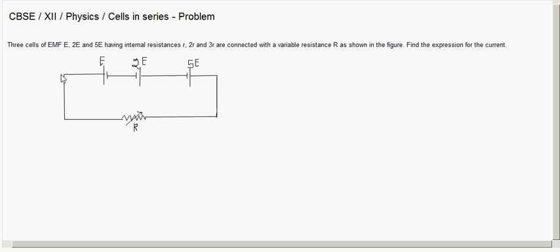So the cell with EMF E has internal resistance R, this has 2R and this is 3R.